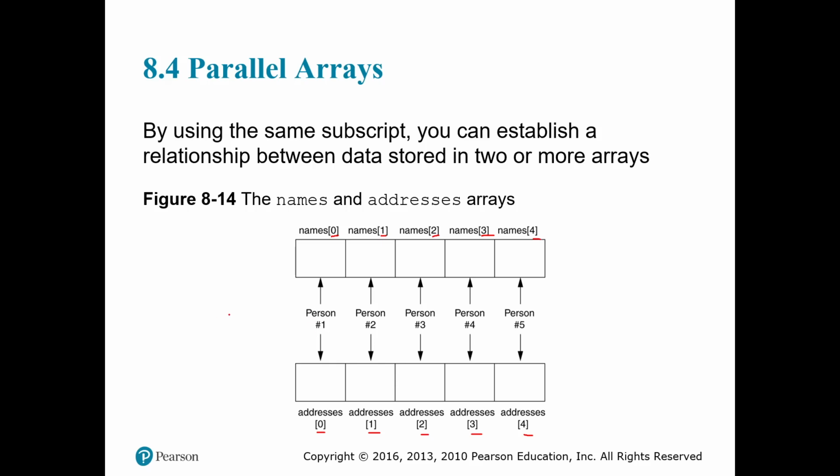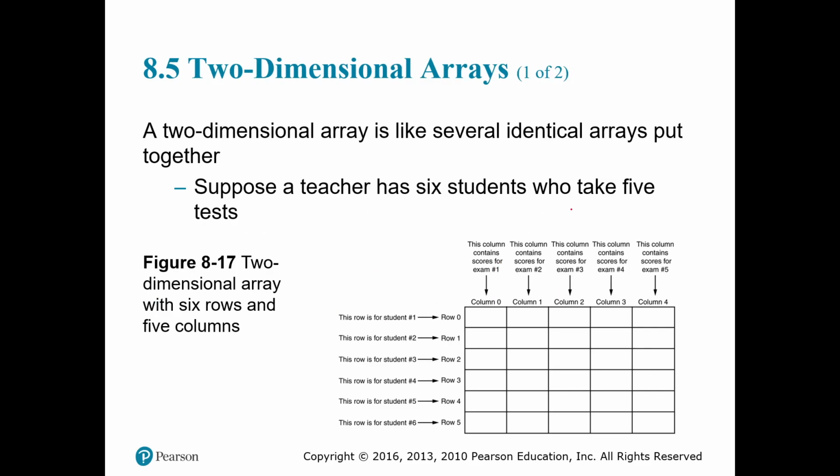As you can see here, if we were to create a loop that would print the name and the address of each person, we would just have to look at the subscript. So we would just print the information that's at subscript 0, and it would print all of the information for person 1. Then print information at subscript 1, it would print the name and the address of person 2, and so on and so on.